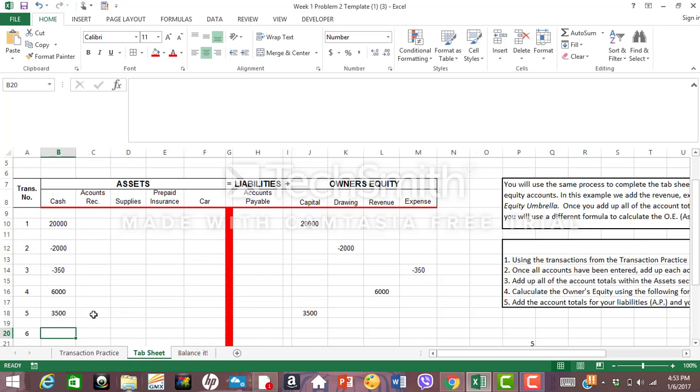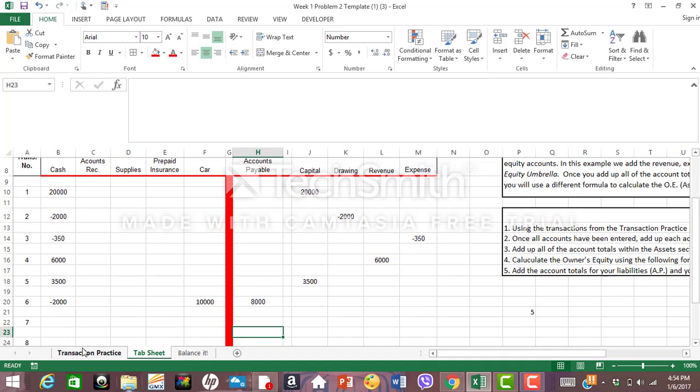So we go back to the tab sheet, minus $2,000 that will be paid with cash. $10,000 was the car worth, and we have $8,000 in accounts payable.